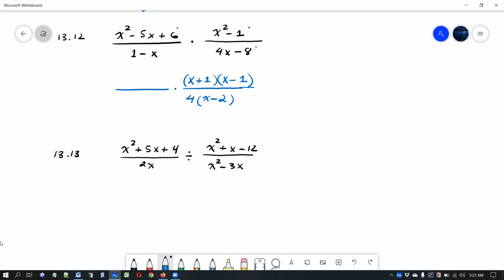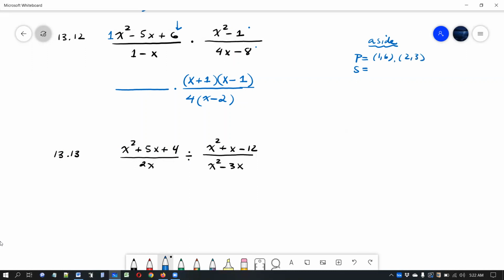The x squared minus 5x plus 6 looks like a trinomial with a 1. So aside here, I am going to factor the x squared minus 5x plus 6. So again, for the trinomial, I need two numbers. The product of the two numbers has to be equal to c, which is 6. So I can either have 1, 6, or 2 and 3.